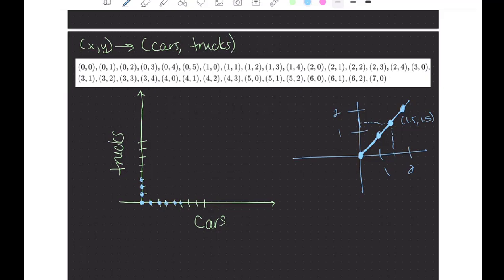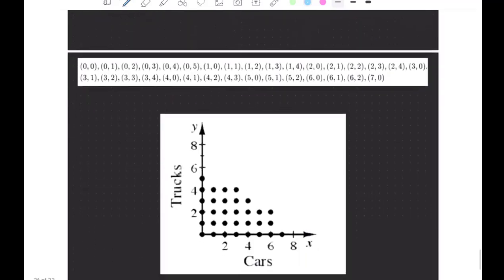You couldn't sell 1.5 trucks, right? So these are all discrete points. So when it comes to plotting all of them, guess what you're gonna do? You're not gonna connect them. So you have all of these points through all of here, and it would look like that.